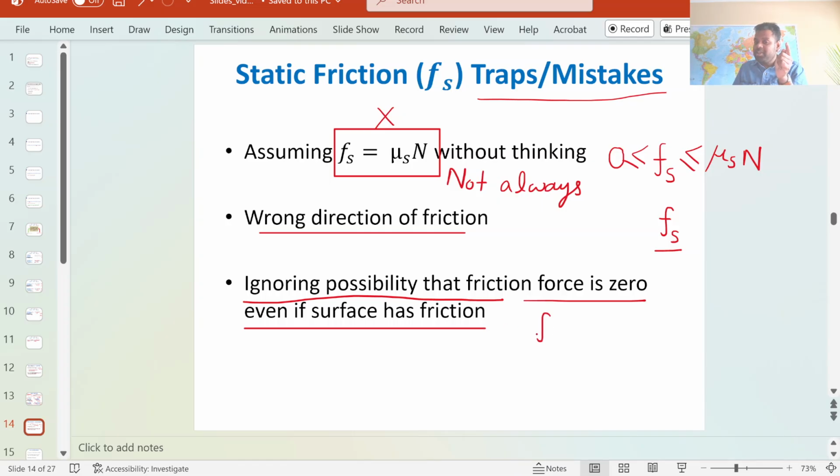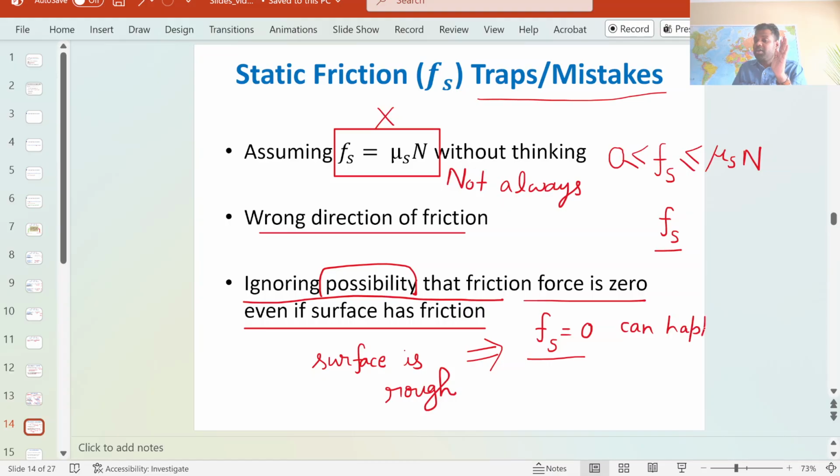So it can be that Fs equal to 0 and surface is not smooth, surface is rough, but still it may happen that Fs is 0, right? So there is a possibility of that. So please do not ignore that. Fs equal to 0 can happen. Okay, and we will talk about that through an example later.